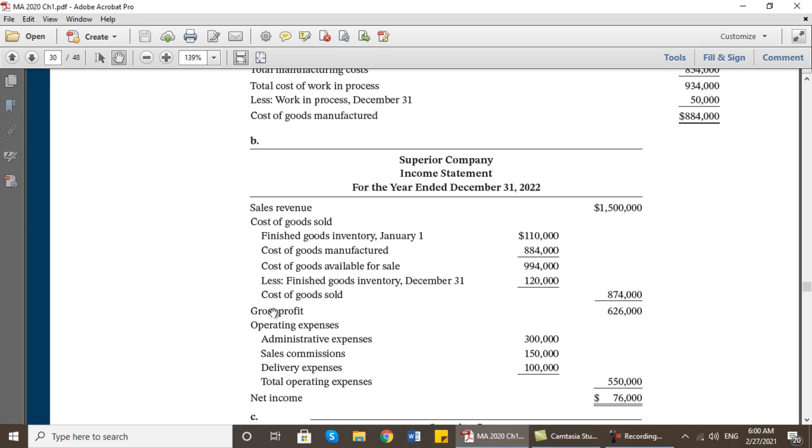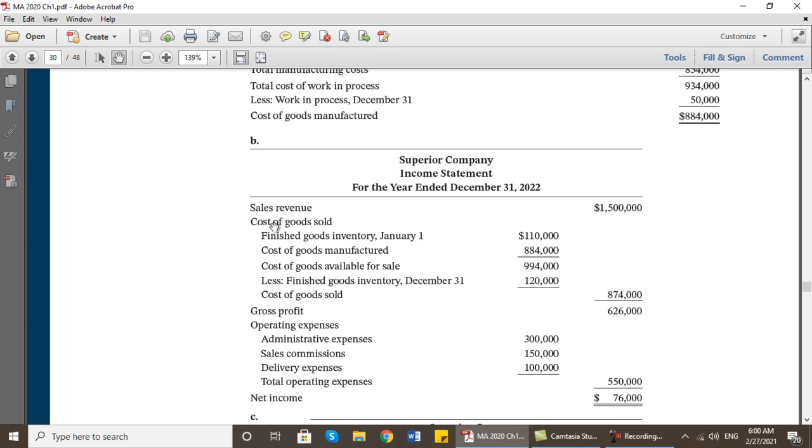We calculate cost of goods sold this way: finished goods inventory at the beginning of the year plus cost of goods manufactured from here, the same figure, equals cost of goods available for sale. We deduct finished goods inventory ending December 31 to get cost of goods sold.